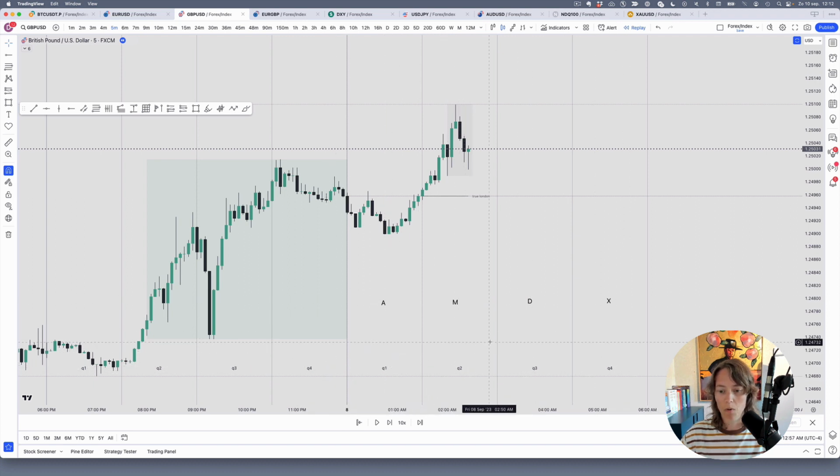Because how do the quarters in a day work? It's relatively simple. Midnight, New York time, is the start of a quarter. So I'm on the -4 New York time chart. And if I go to the 12 a.m. time, that is the start of a quarter.